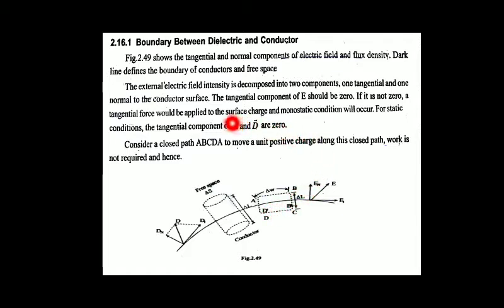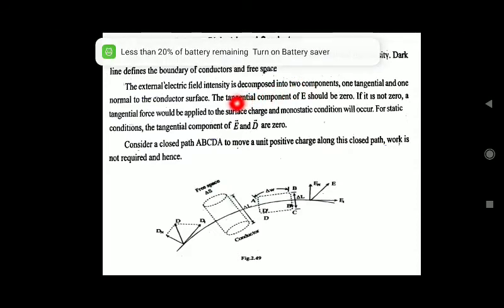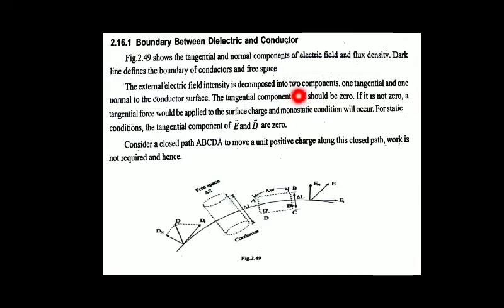The external electric field intensity is decomposed into two components, one tangential and one normal to the conductor surface. The tangential component of E should be 0. If it is not 0, a tangential force would be applied to the surface charge and a non-static condition will occur.